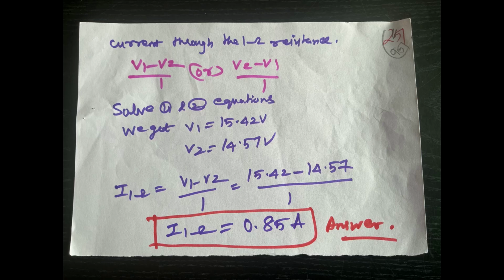At node 2 the meeting elements are the 3 ohm resistance, the 4 ampere source and V2. So the equation is V2 divided by 3, the 4 ampere with a plus sign, and V2 minus V1 divided by 1, since V1 is in the opposite direction. From equations 1 and 2, find the V1, V2 values.